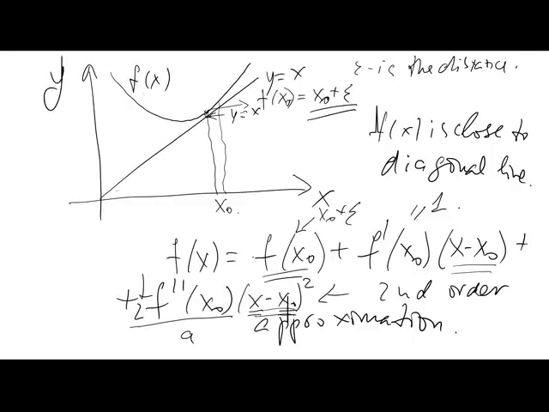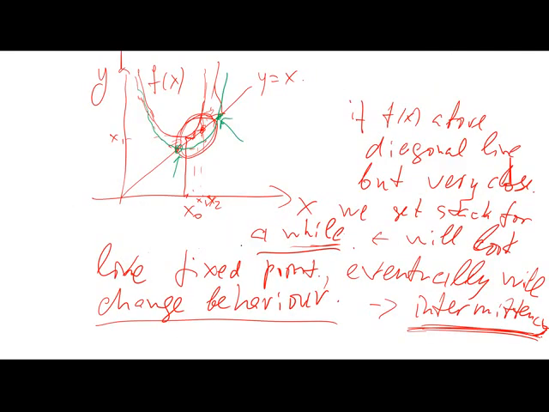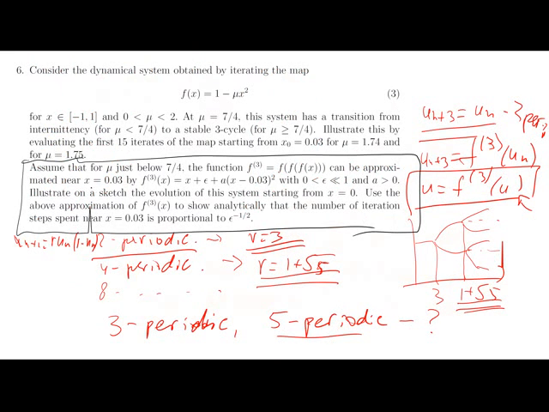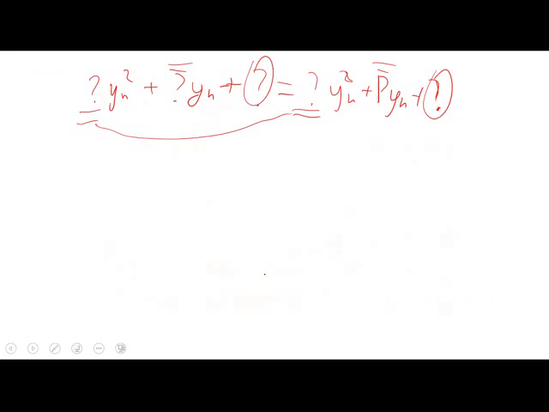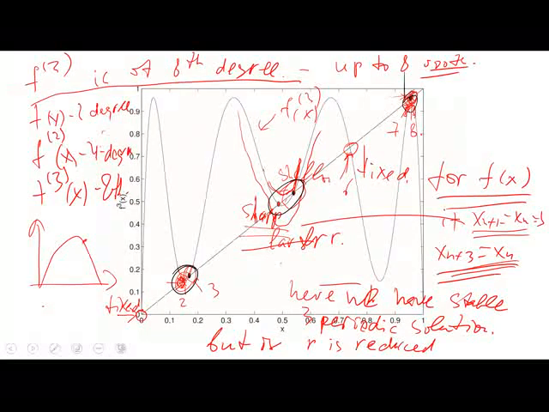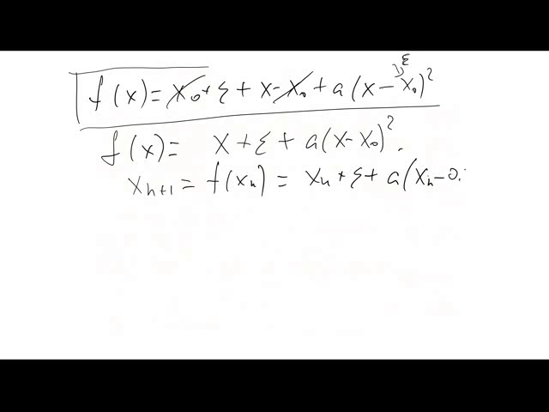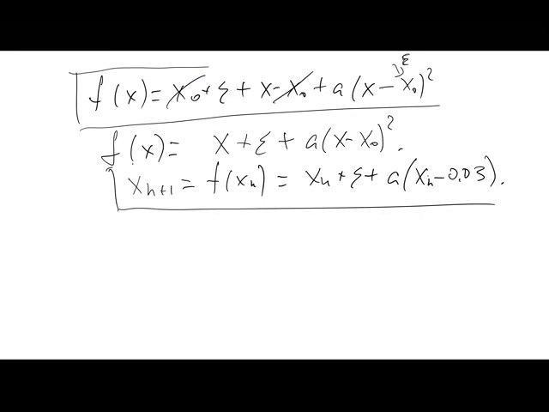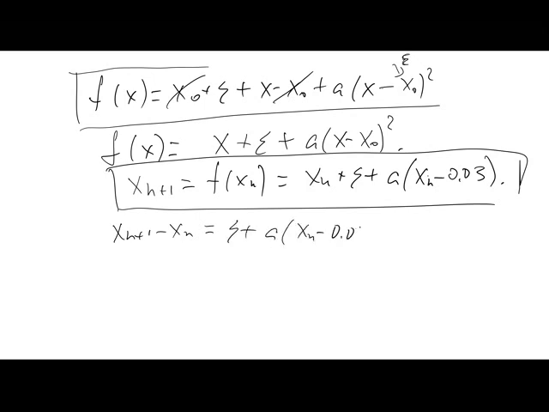And in our case, x naught is given. Now I understand, I was confused why we have this value. X naught is this 0.03. So this is our equation. And now we can put it like this: xn plus 1 minus xn equals epsilon plus a times xn minus 0.03 squared.